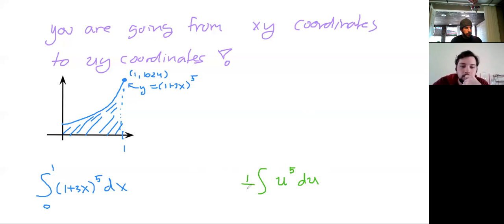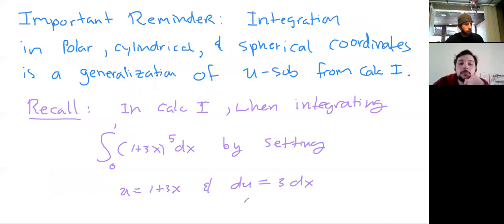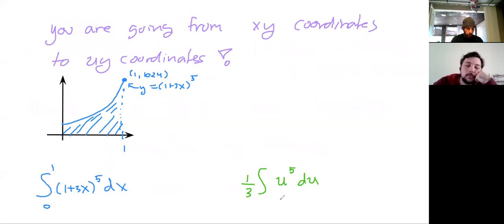If you do your u substitution, what is dx? It's 1/3 du. And then what are your bounds? Well, your new bounds become: when x is 0, what is u? When x is 0, u is 1. And when x is 1, u is 4. That's the integral we get.